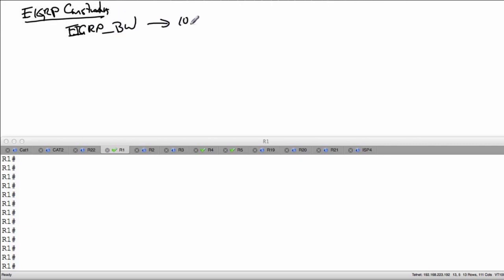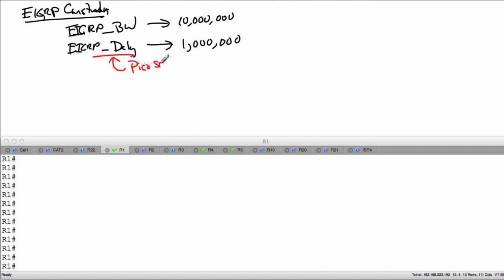That value is 10 million. The next one is going to be our EIGRP delay, and it's going to be 1 million, and it's also going to be in picoseconds, where 1 microsecond equals 1 million picoseconds. Hopefully we'll never have to worry about that computation.